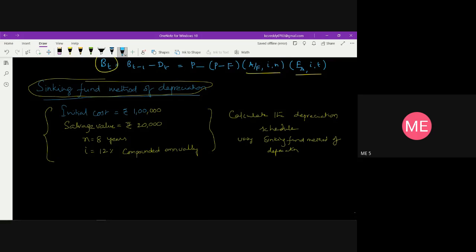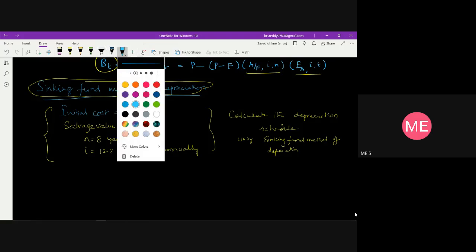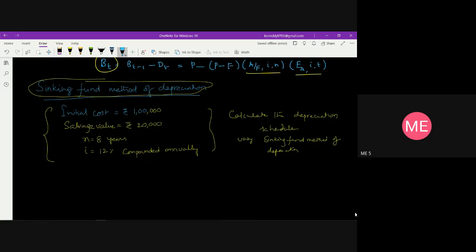And how to calculate this depreciation amount? In the last class, we discussed the equation. First, the equivalent annual depreciation is to be calculated, which will be the same throughout the service years.